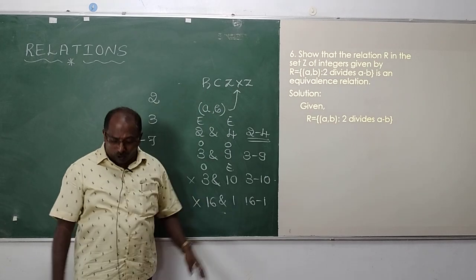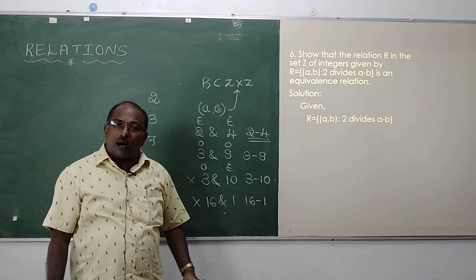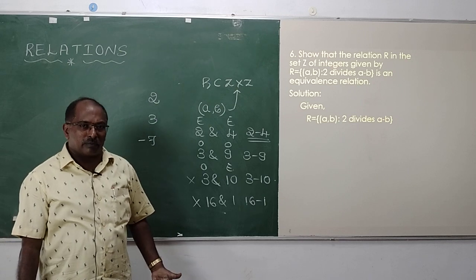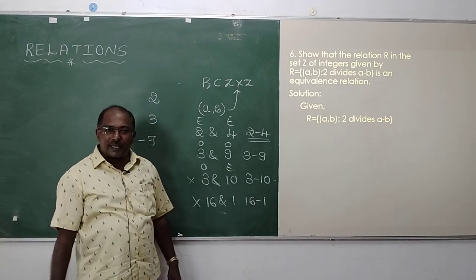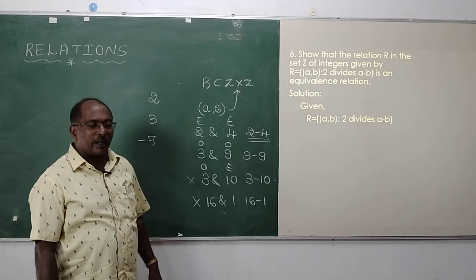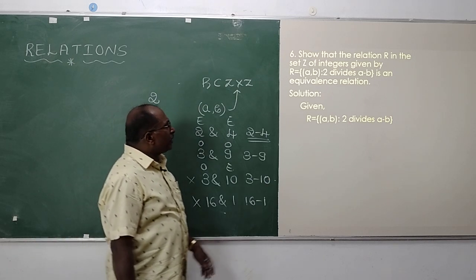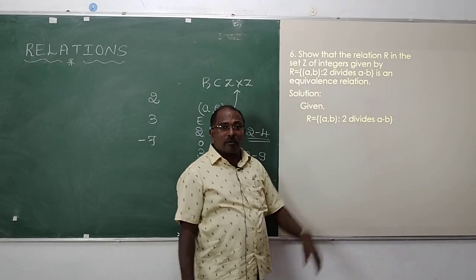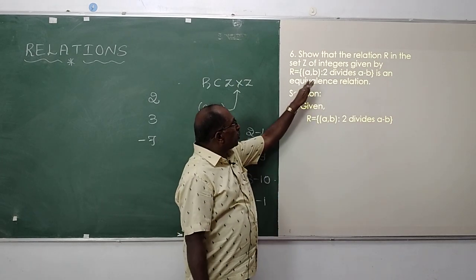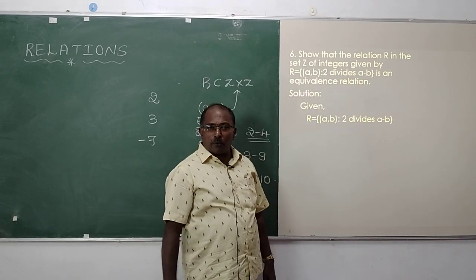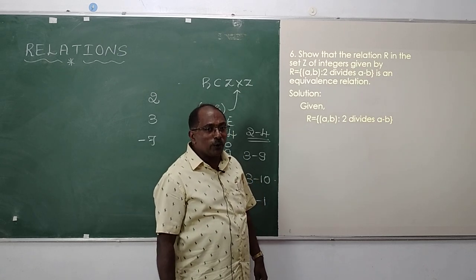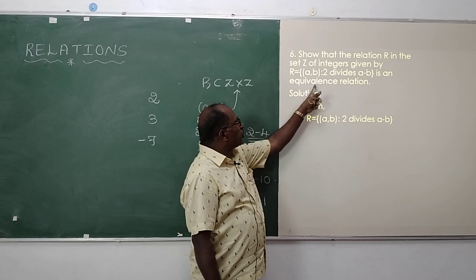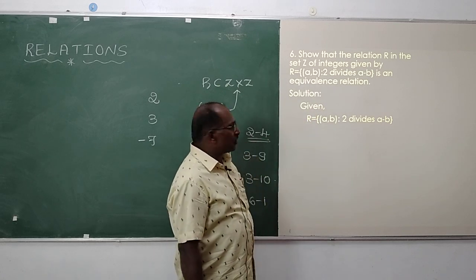When the relation is not a universal relation, R may be reflexive, may not be reflexive, may be symmetric, may not be symmetric, may be transitive, may not be transitive. But here we have to show that R is an equivalence relation. Even though R is not an improper subset of Z cross Z, means even though it is not a universal relation, we have to show that R is an equivalence relation.